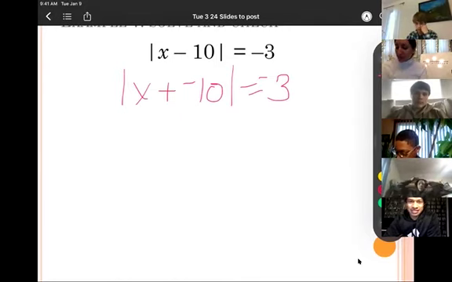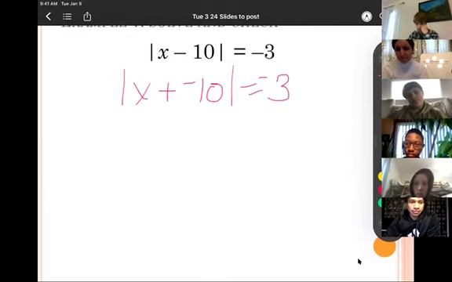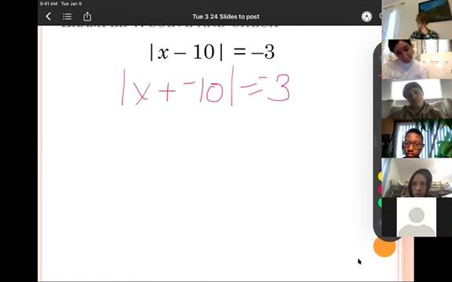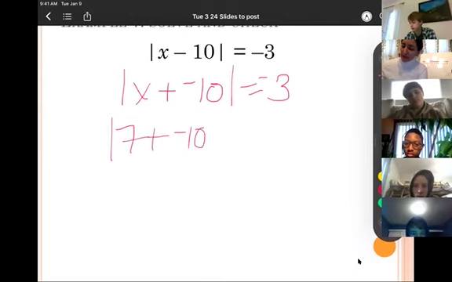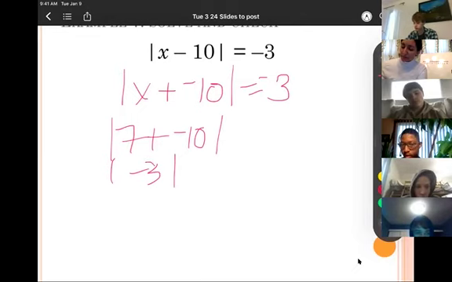So what number could I put in for x that'll give me a -3 back? We could try 7. 7 plus -10 gives me -3. What's the absolute value of -3? 3. So that doesn't work.